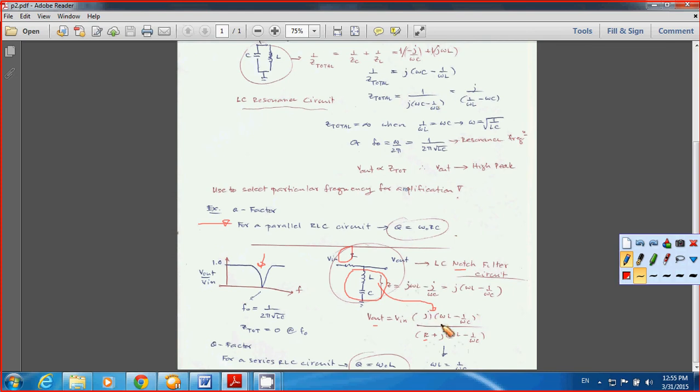And if you want to make this 0, you do the same thing. This means omega L equals 1 over omega C, and you end up with F0 equal to 1 over 2 pi square root of LC. You derive exactly the same as from the resonant circuit.